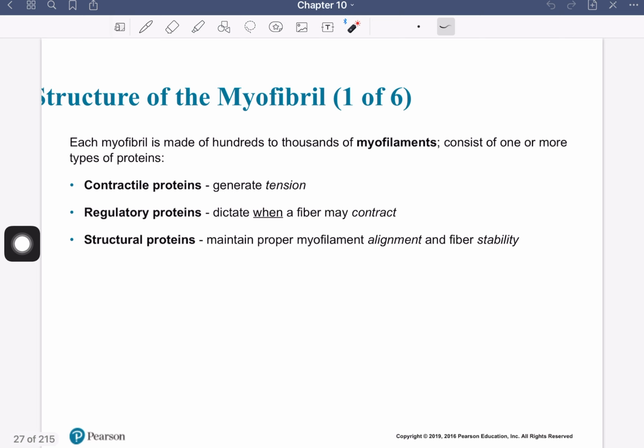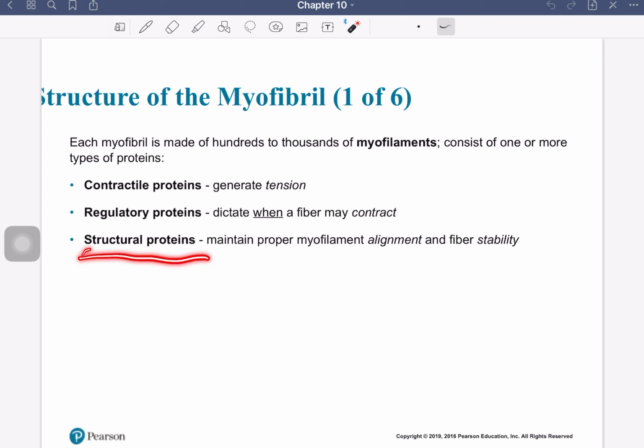Now let's talk a bit about the myofibrils. Each myofibril is made of a whole bunch of myofilaments, and the individual myofilaments come in different types of proteins. So we can have contractile proteins. They're the ones that generate the tension and cause potentially the contraction of a muscle cell. We also have the regulatory ones, which, based on the name, help to determine when a fiber may contract.